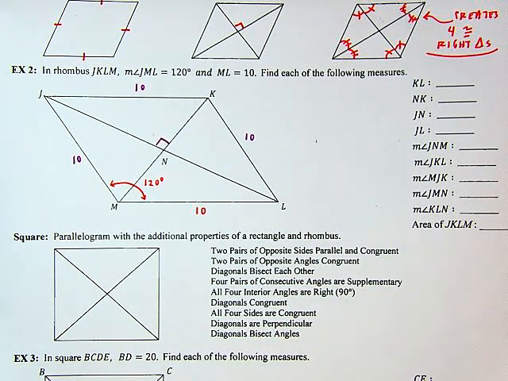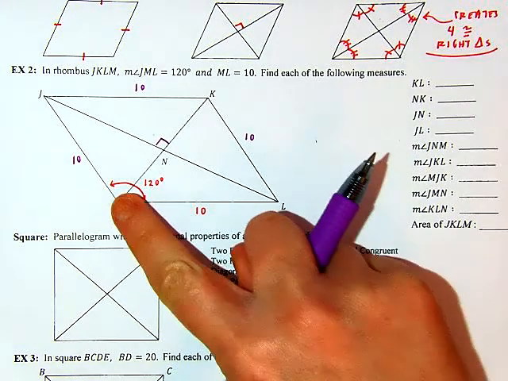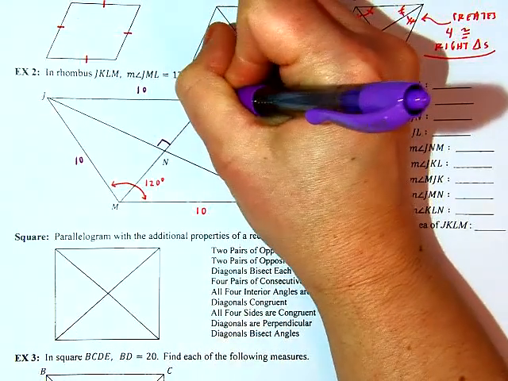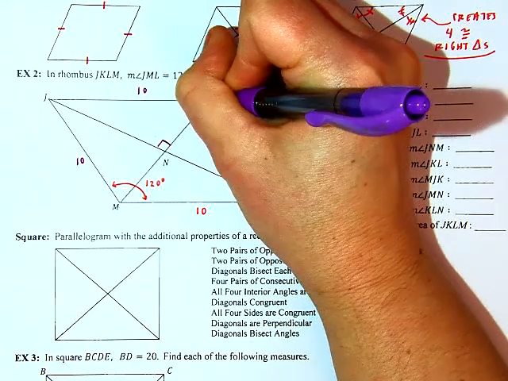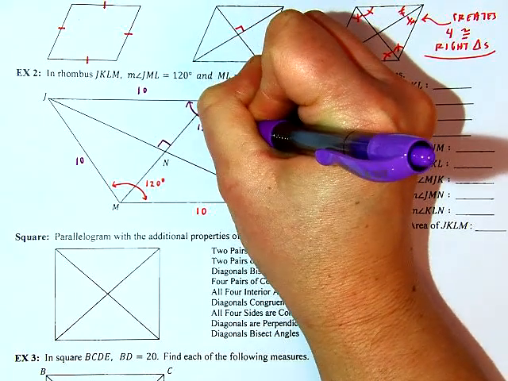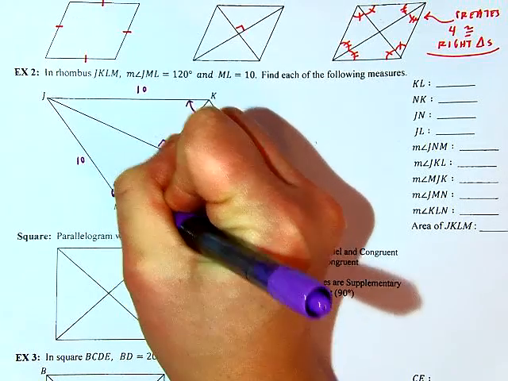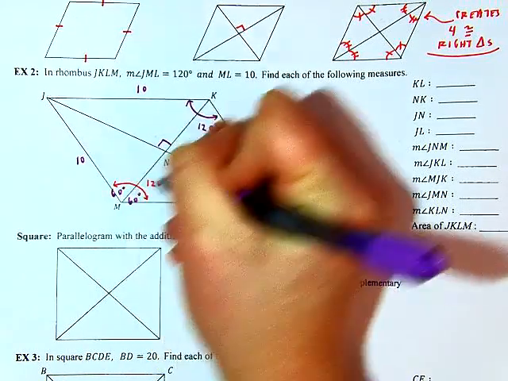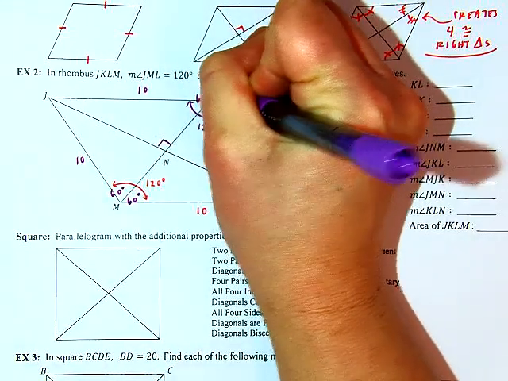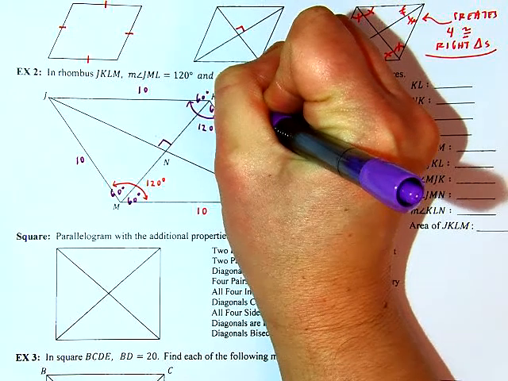And I know that diagonals bisect angles. So my opposite angle here would also be 120. And then the 120 split into two congruent parts will give me a 60 here and here, here and here.